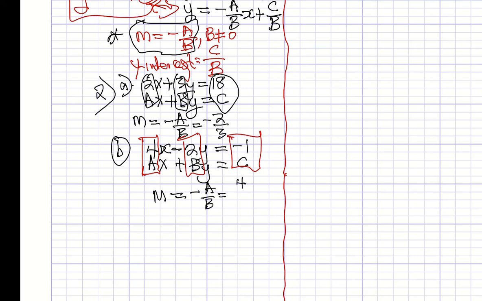A is 4, and then B is minus 2. You see that? And that's the same thing as minus 2. So the slope is minus 2 in this case. I hope you see what I'm doing, right? Yeah, the slope is minus 2.